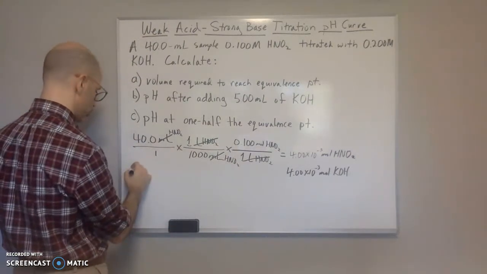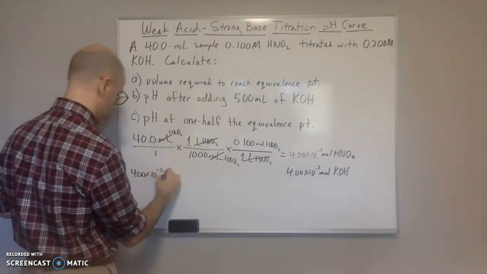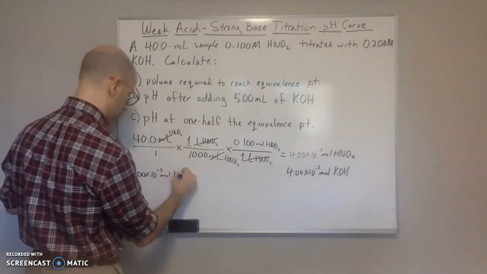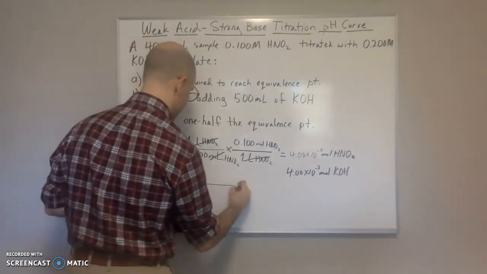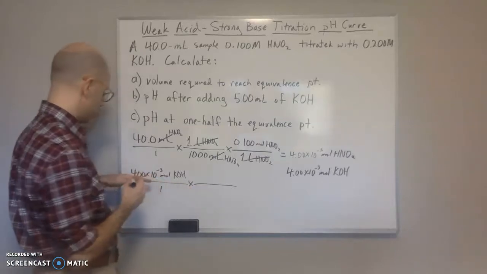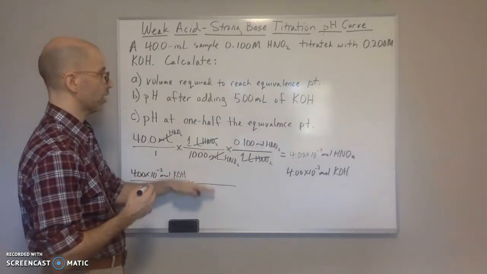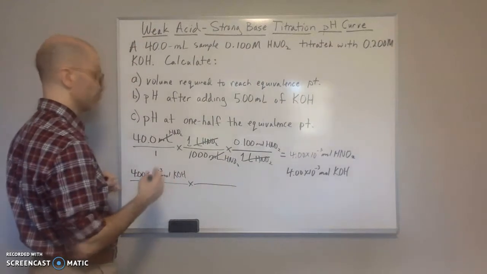So we have our moles. We'll start with that. 4.00 times 10 to the negative 3 moles of KOH over 1. And then what we're going to do is use our molarity. So we have 0.200.